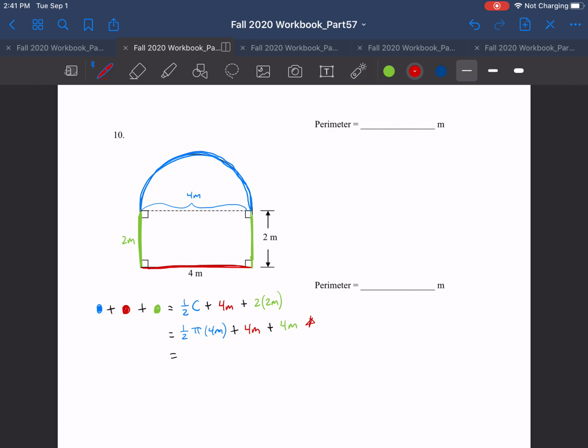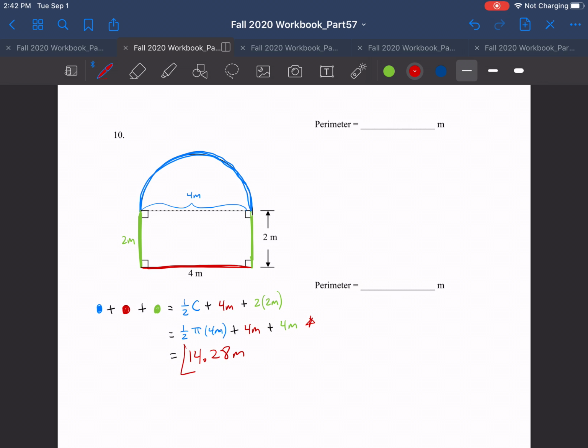It's going to be 1/2 times pi times 4, right, plus 4 plus 4 again. So that's going to give us 14.28 meters.